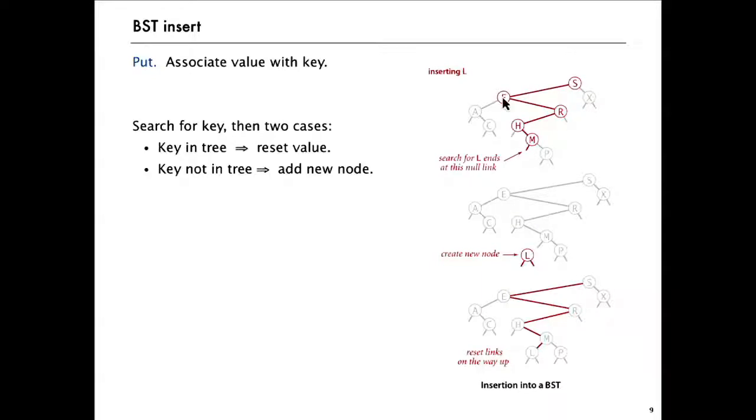And so when we insert a new node L, say in this tree, we go down that path, we create a new node and then return the link to that node higher up. There are ways to implement it that don't involve this, but the code is so simple and it extends to more powerful data structures later on that we'll introduce this right now, and you'll see how it works.